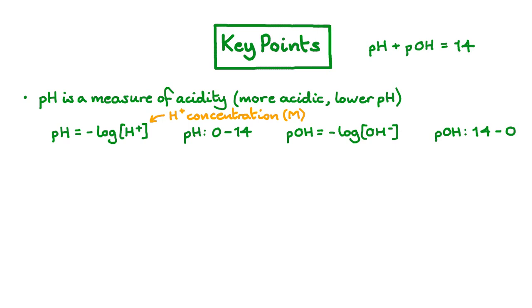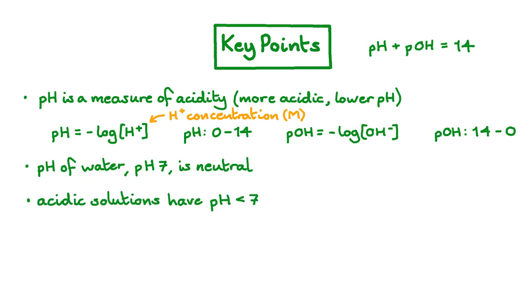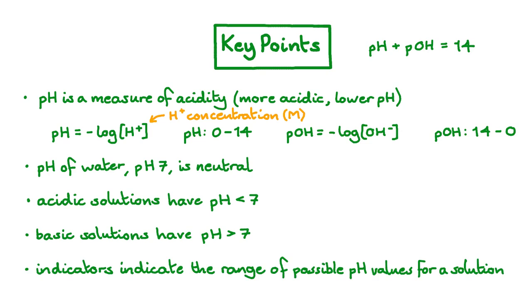And for most common circumstances, the sum of pH and pOH for a single solution will always be 14. The pH of pure water at 25 degrees Celsius, pH 7, is neutral. Acidic solutions have pH less than 7, and basic solutions have pHs greater than 7. And finally, chemical indicators, by their colour, indicate the range of possible pH values for a solution.